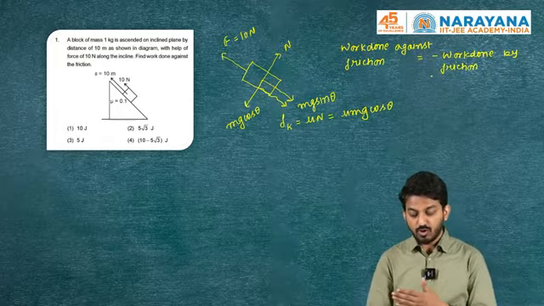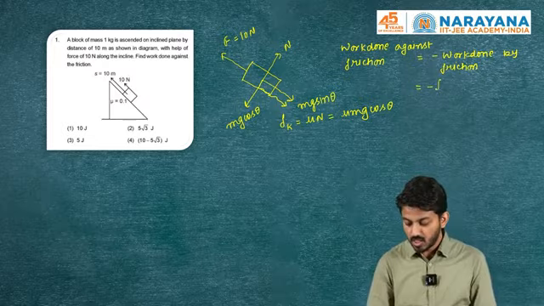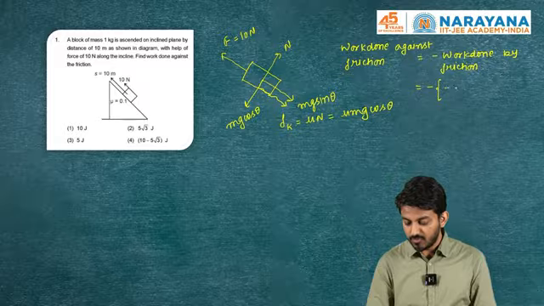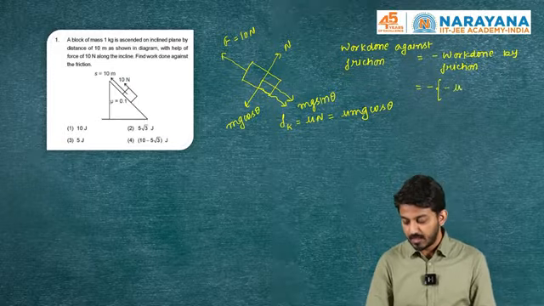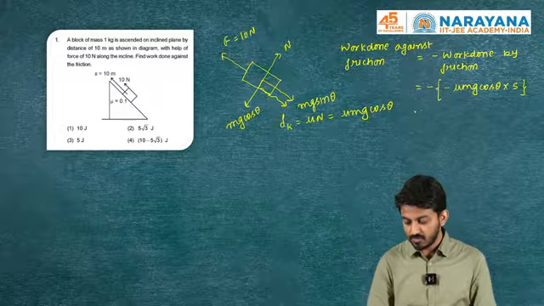So as you can see, the block is moving up and the friction force is downward. Work done is going to be minus of, because they are opposite in direction, mu mg cosine theta, which is the friction force, into displacement s I'm writing.